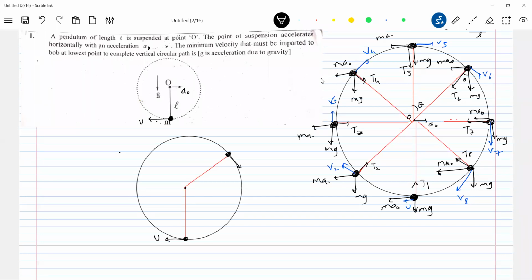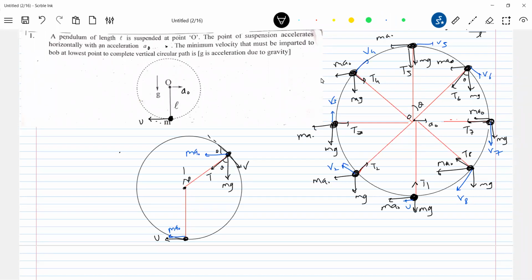Here it will have velocity v. And the pseudo force will act towards the left. Let me show all forces acting. Here the pseudo force ma naught, and let this be mg. Let this be theta, let this be theta. Tangential, let this be theta. Here let T be the tension.